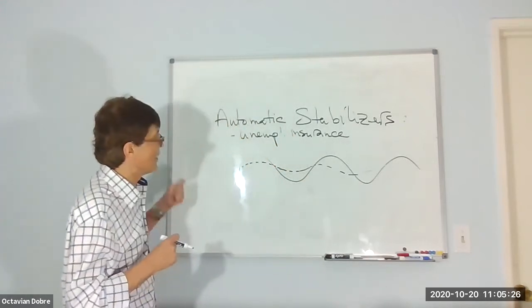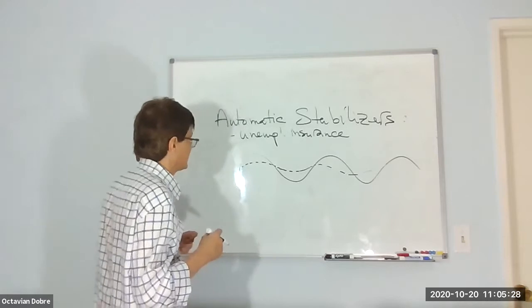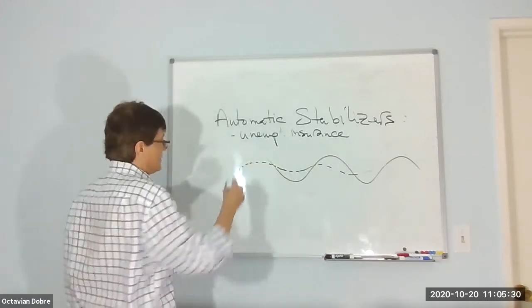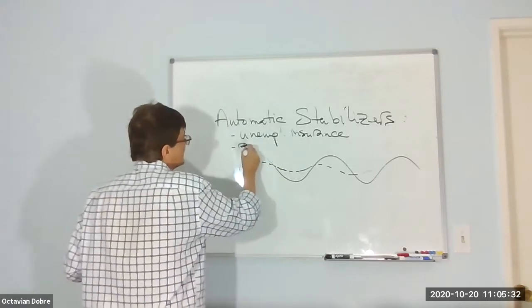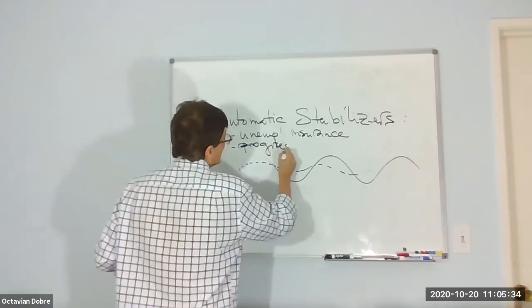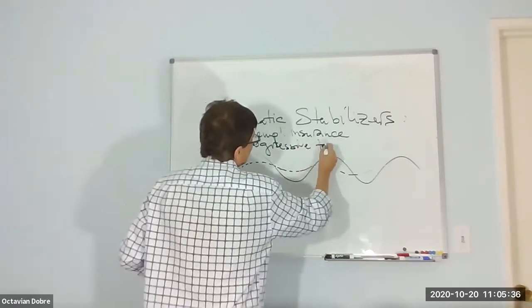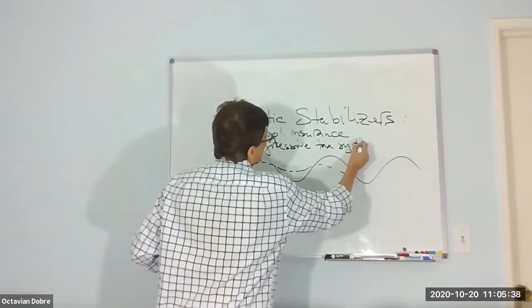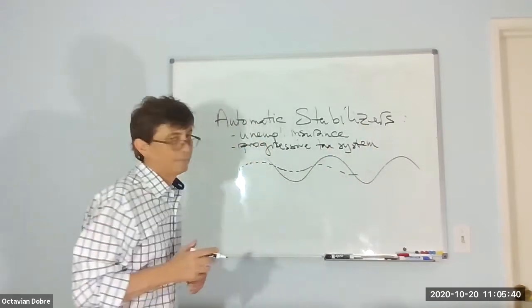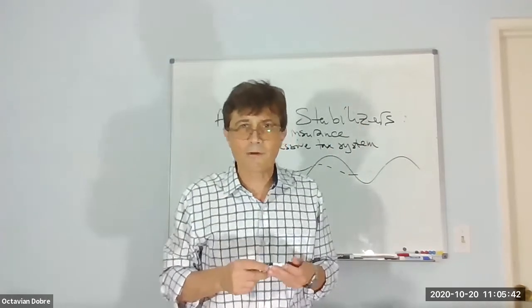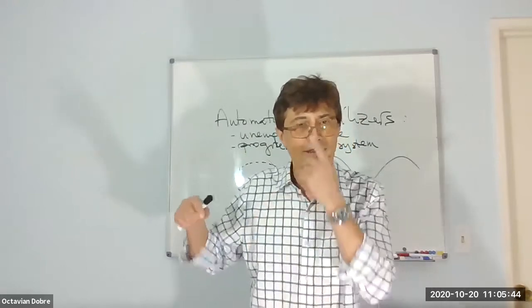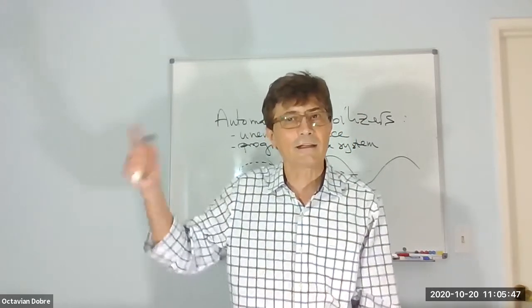Another example of an automatic stabilizer that stabilizes the economy is the progressive tax system. Well, how does the progressive tax system go?